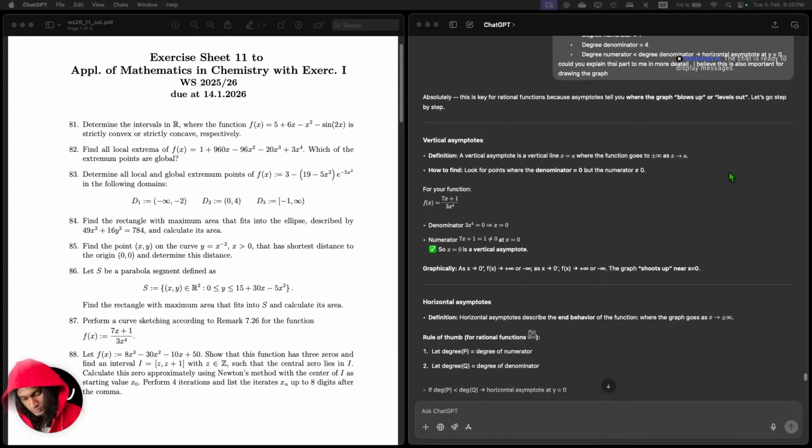A vertical asymptote is the value of x equals a, where the function goes to plus or minus infinity as x goes to a.